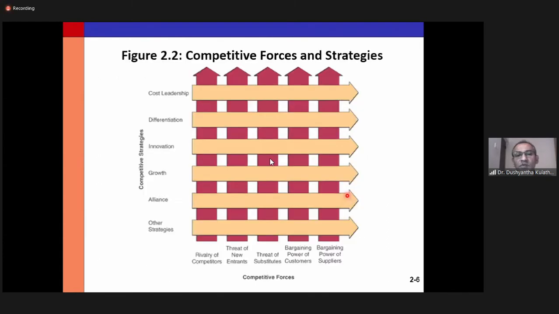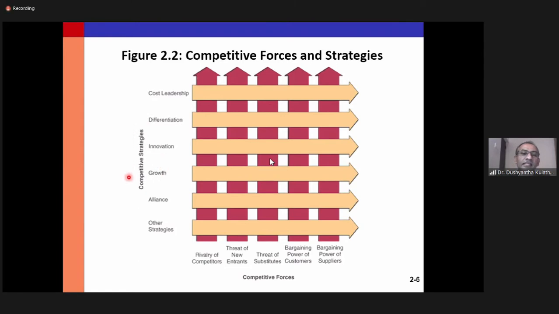So first we'll look at the particular figure, figure 2.2, competitive forces and strategies. Here we can see competitive forces on the x-axis, and on the y-axis you can see competitive strategies. There are 5 competitive forces: rivalry of competitors, threat of new entrants, threat of substitutes, bargaining power of customers, bargaining power of suppliers.